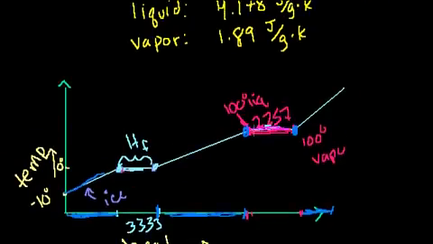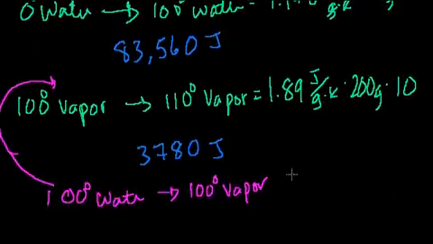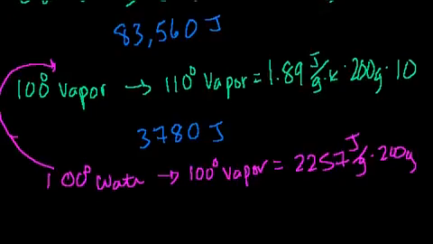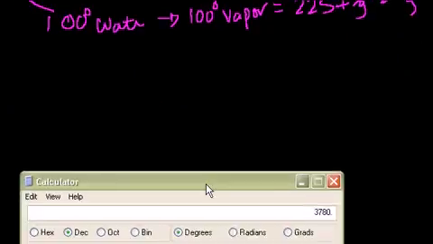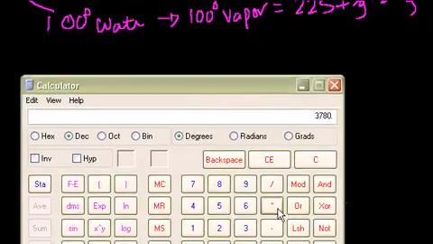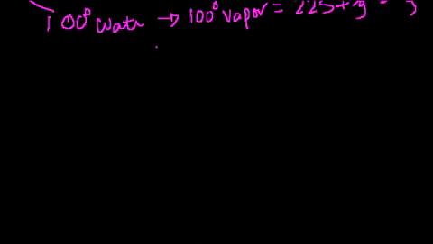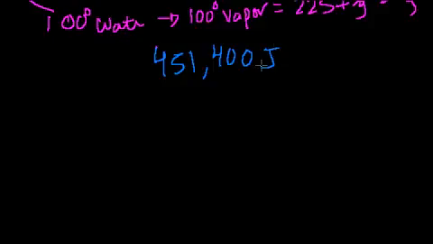This is the phase change. I multiply the heat of vaporization, which is 2,257 joules per gram, times 200 grams. And this is, let's see, clear it out, 2,257 times 200 is equal to 451,400 joules.